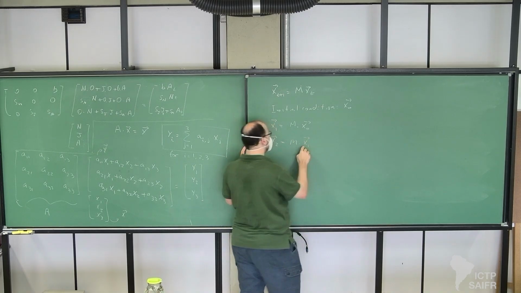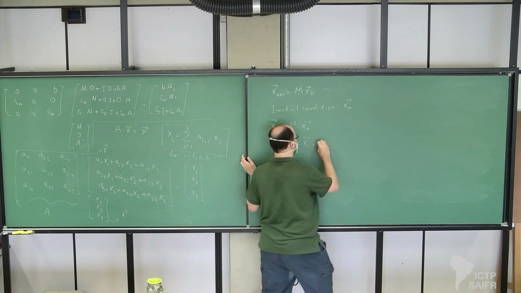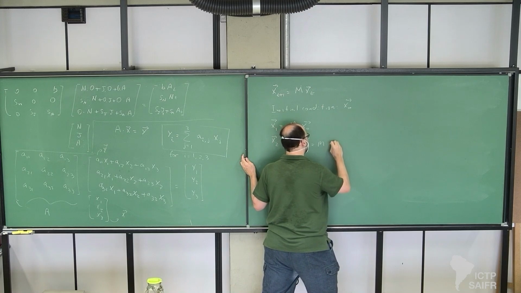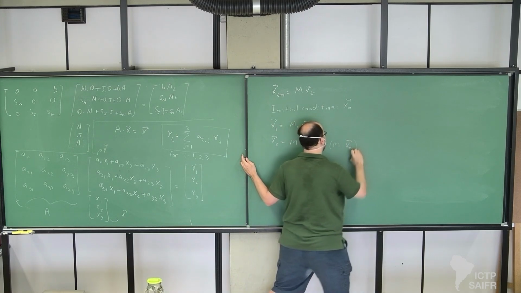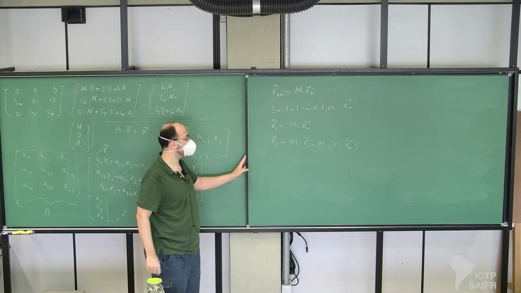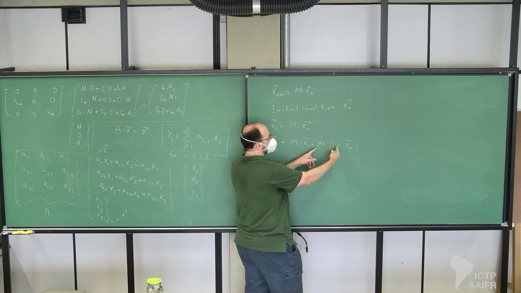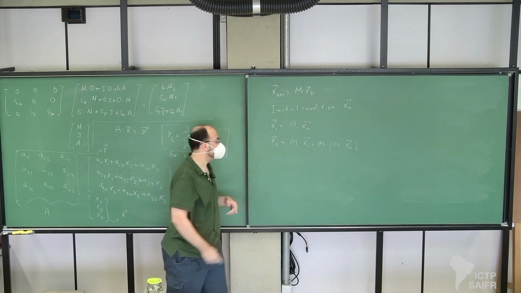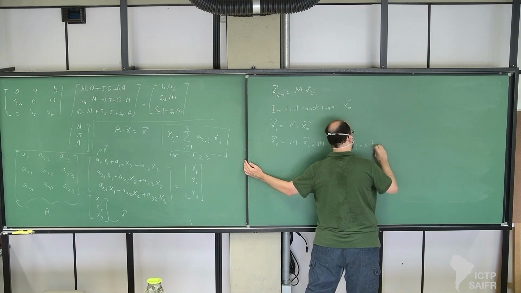But x1, what was x1? It's M times x0, right? So this is M times M times x0, right? But I have a multiplication of matrices. I don't have to multiply this first and then this. I can just put these two together, right? So this is just M squared x0, right?